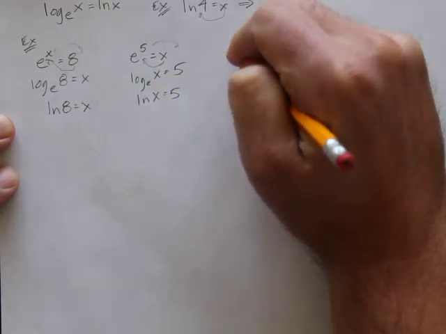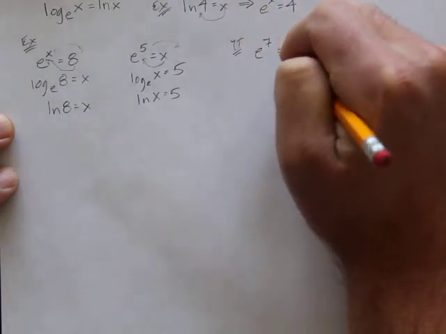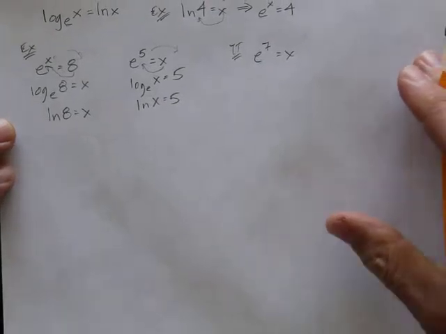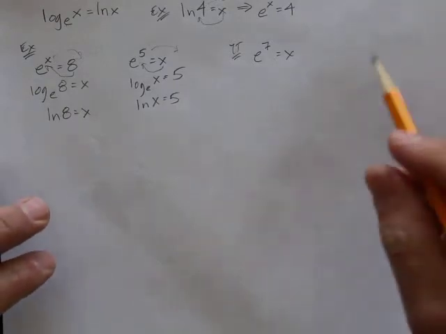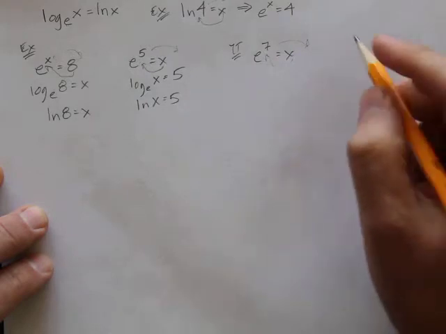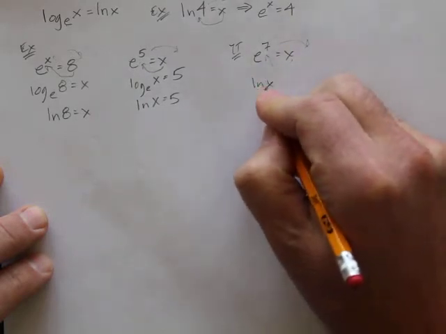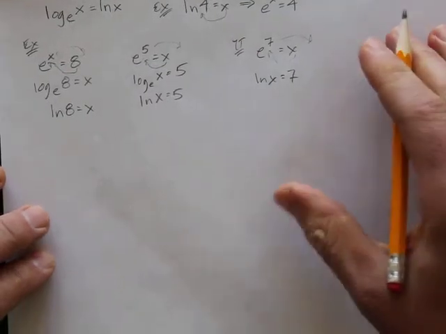Okay, so now you guys do one without me. E to the 7th power equals x. So go ahead and pause if you need a second, get that one done, and then we'll look at it together. Go. All right, so this one, x goes in there, 7 drops out. I'm going to have the natural log of x equals 7.